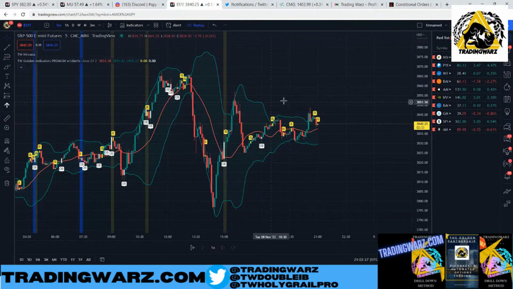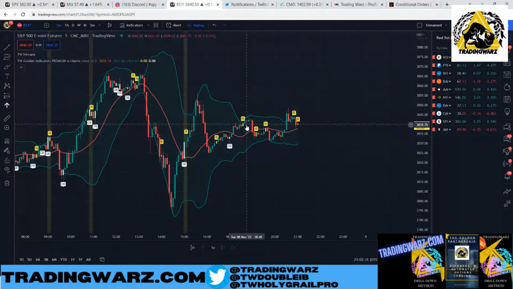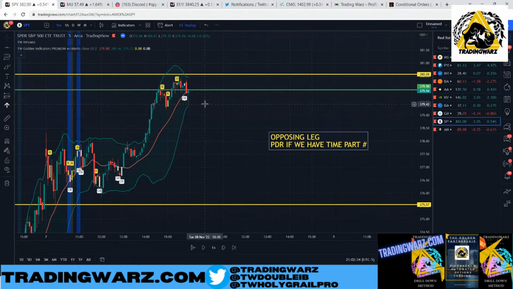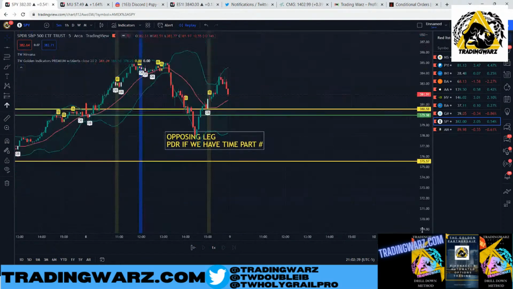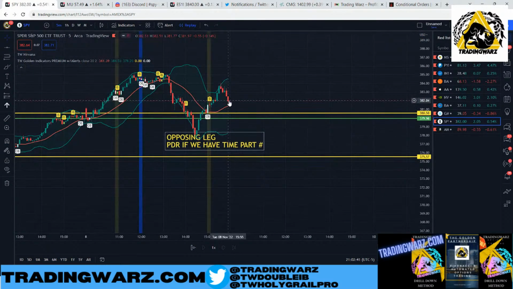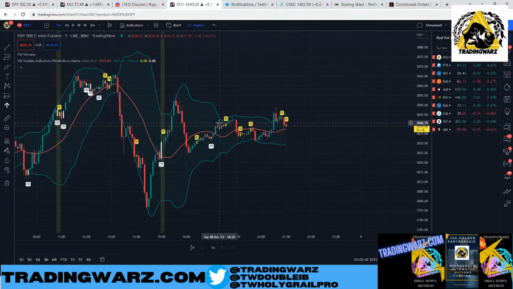And we can also look at futures. So futures is the continuation of where SPY leaves off. If SPY leaves off here on this candle, that's the 1555 candle. If we go to futures, you can see the 1555 candle is right here. And then this is what's been happening overnight.